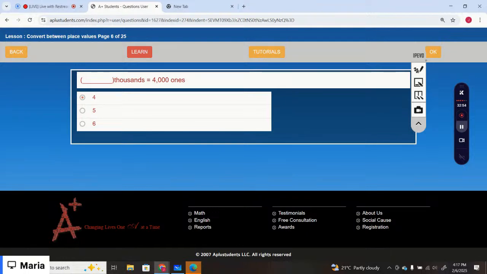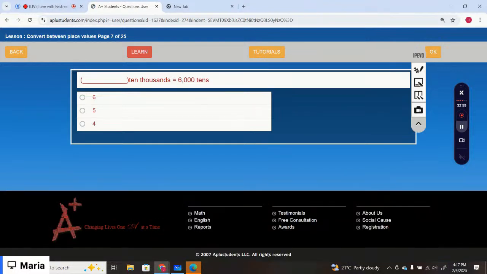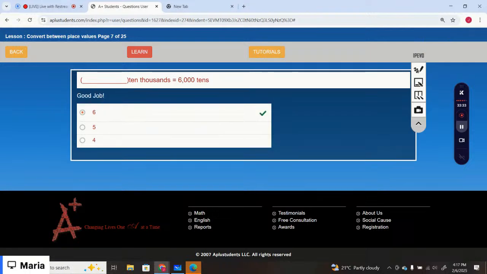Option number 1 is the correct option. 6,000 tens equal how many ten-thousands? The correct option is 6 ten-thousands. Option number 1 is the correct option.